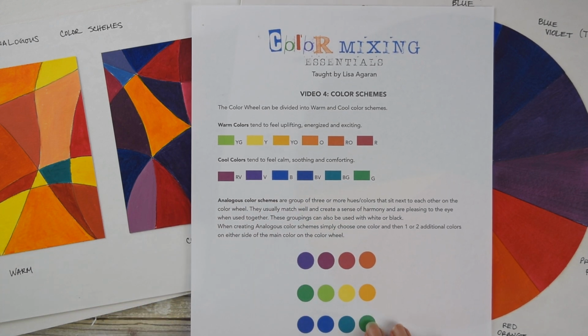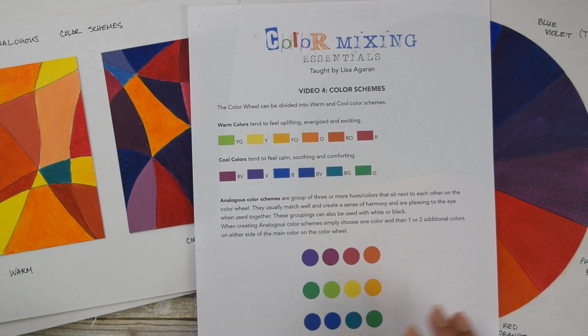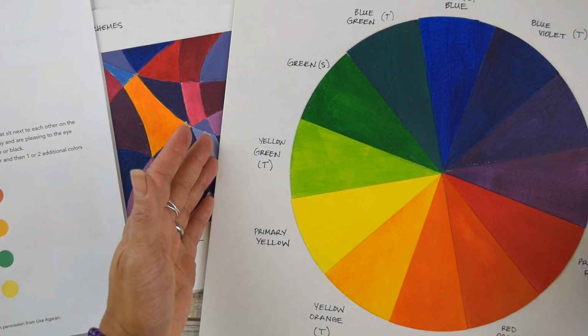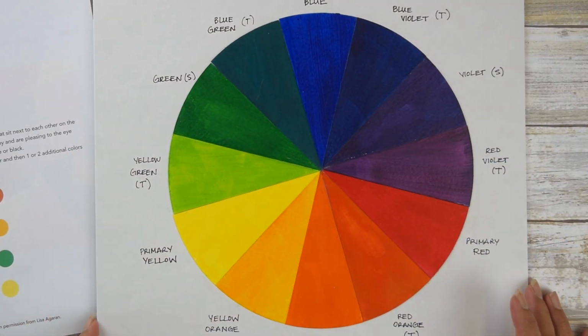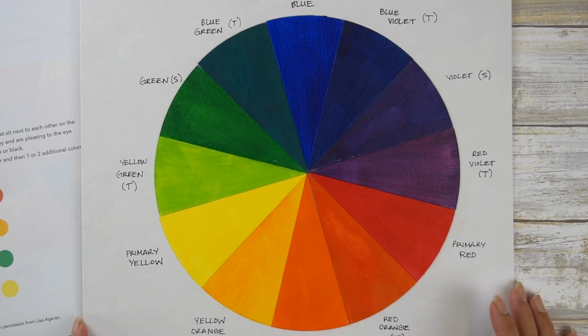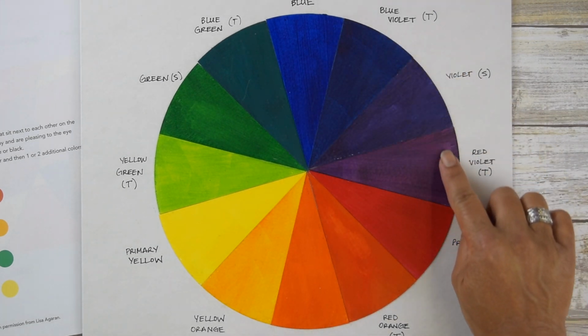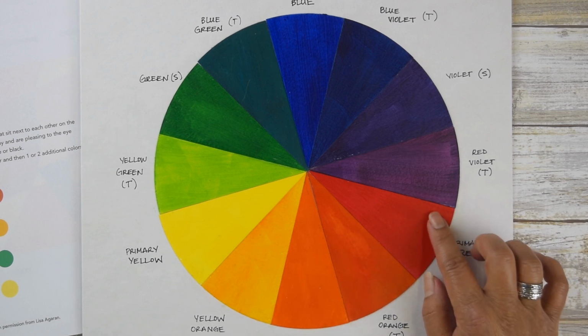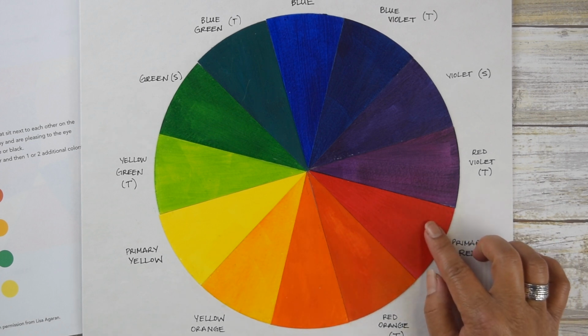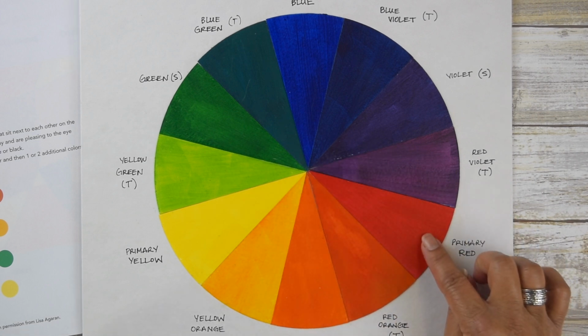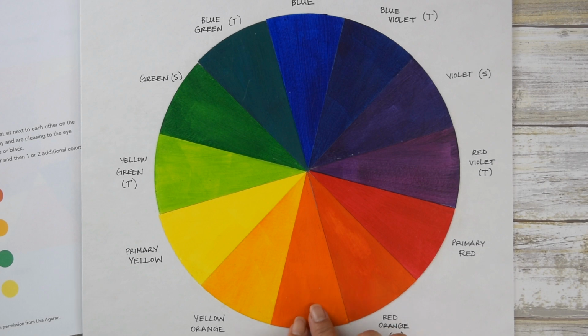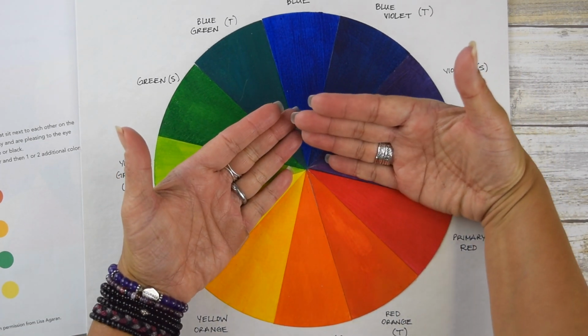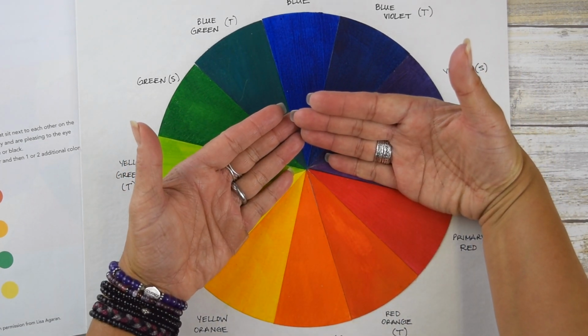So what are analogous color schemes? Well, analogous is 3 or more colors that sit on the wheel next to each other. For example, if I pick red and want to create an analogous color scheme around red, I can go 3 colors this way, and that would be a color scheme right there.